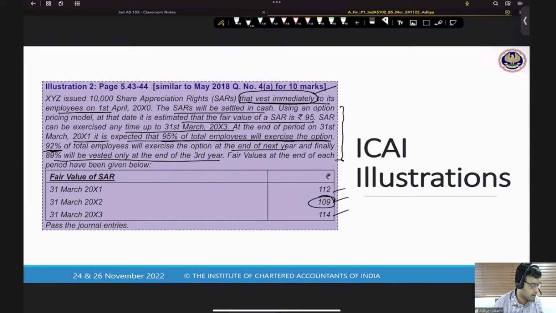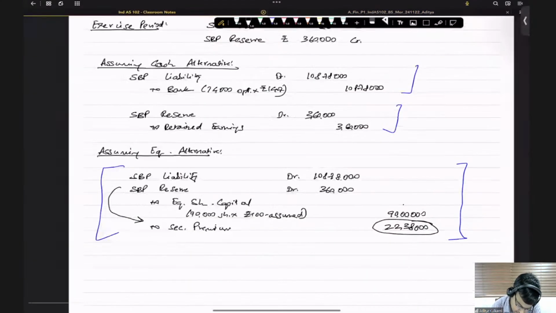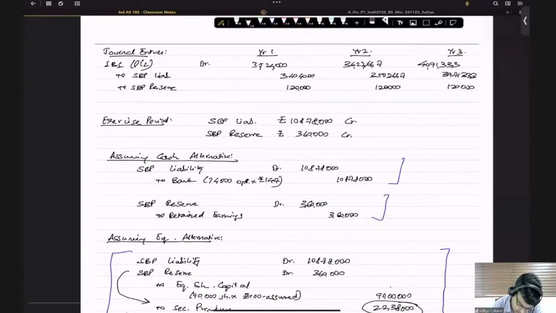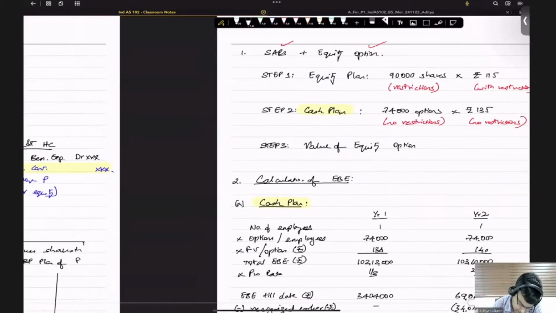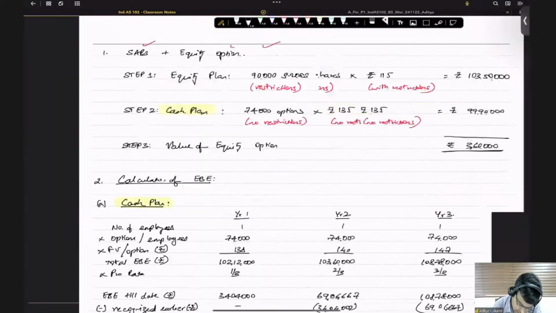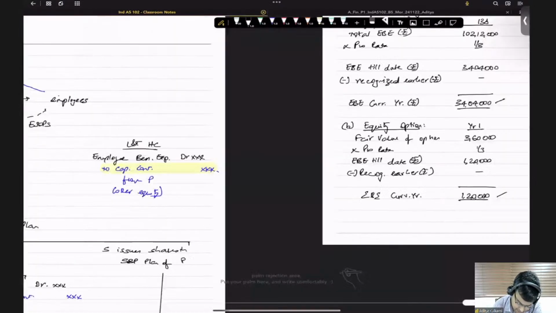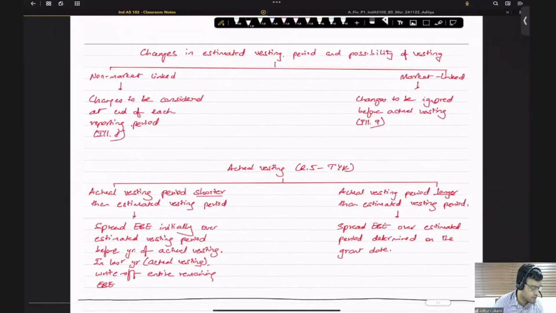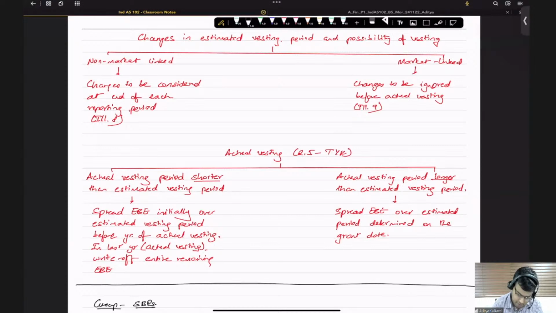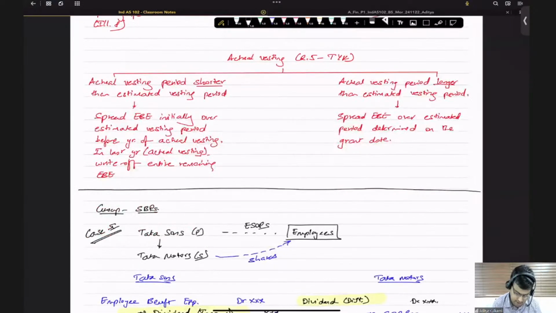Accounting for non-market linked, market linked modifications in exercise price. What have we written in the last part in yesterday's class? Group SBB plan we discussed. Actual vesting, changes in vesting period. Group SBPs also we discussed.